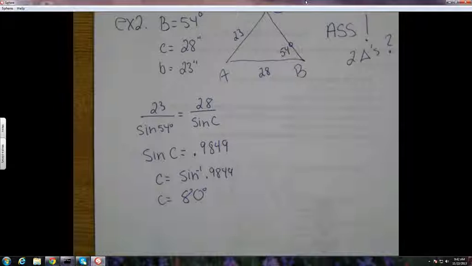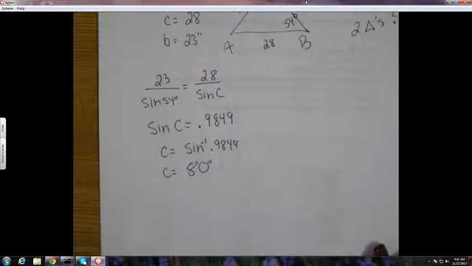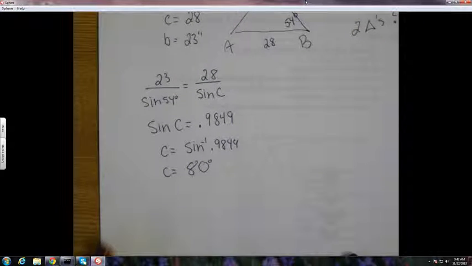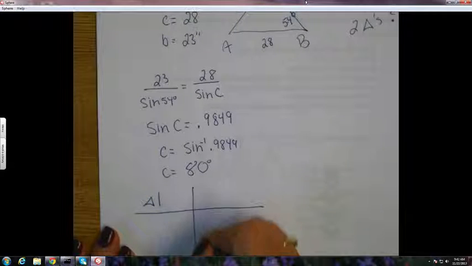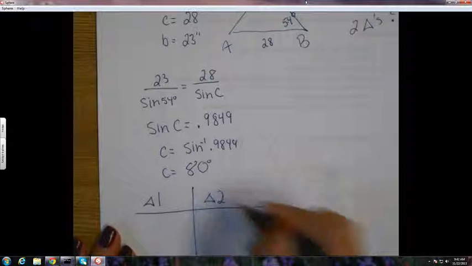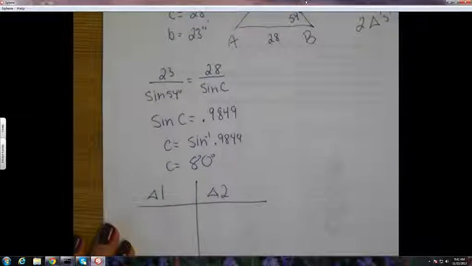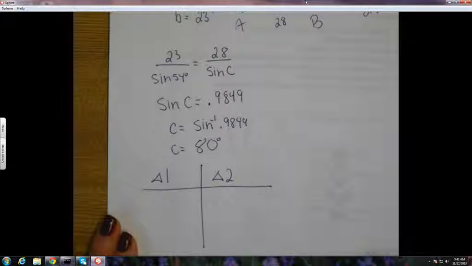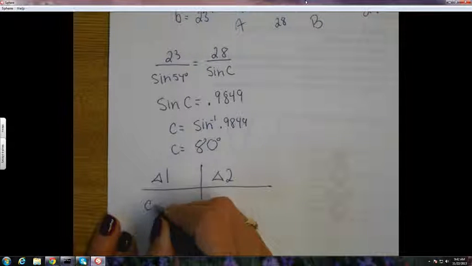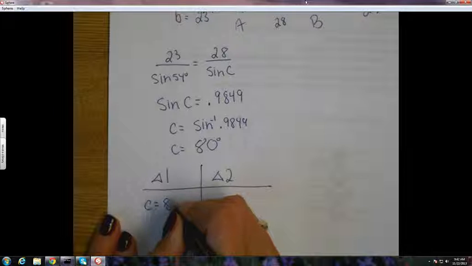This is the spot where I'm going to make a little table to keep track in case I have a second triangle. So triangle 1 and triangle 2. Angle C is 80 degrees.